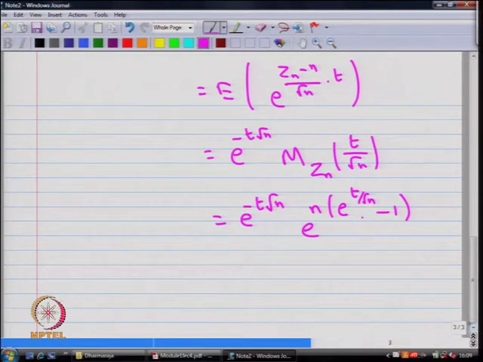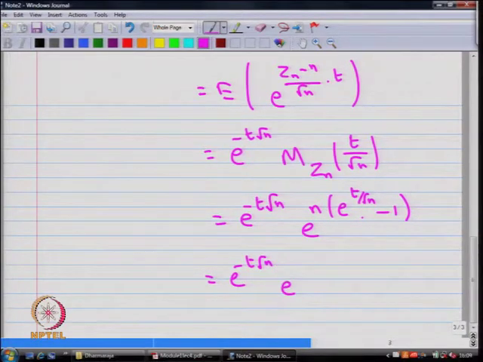Therefore, you can further simplify by expanding e power t by square root of n.